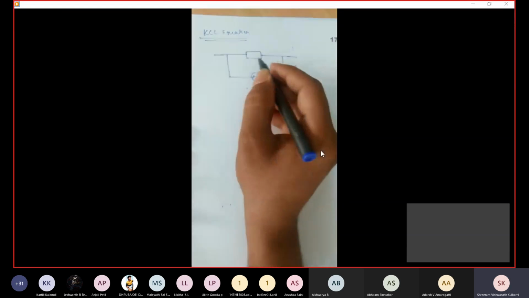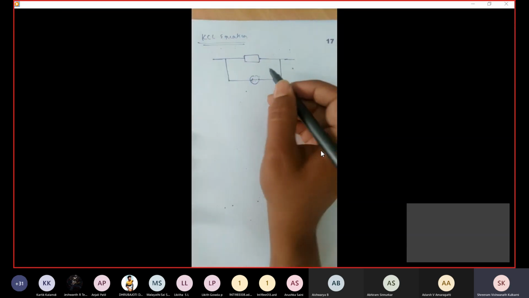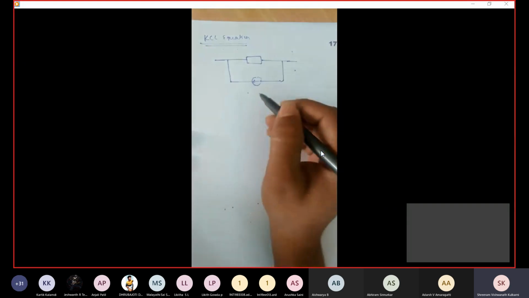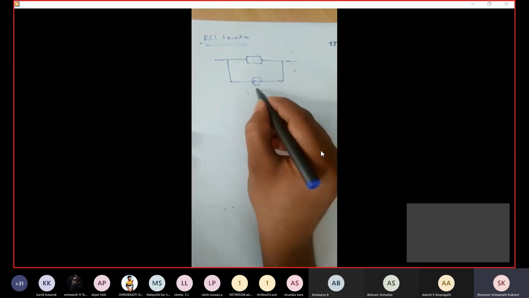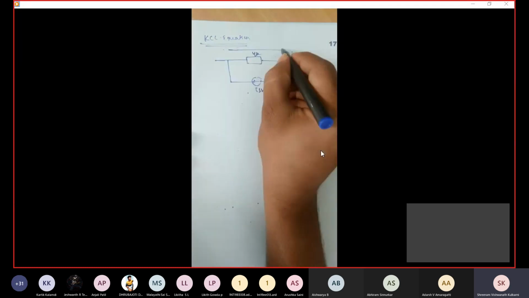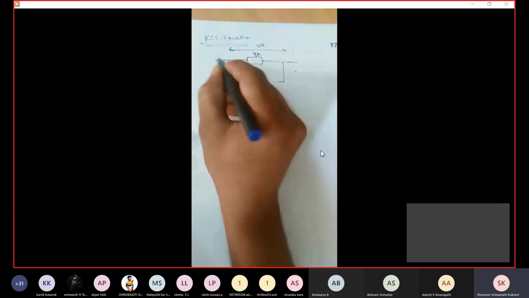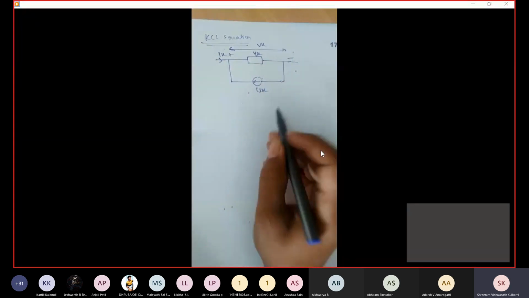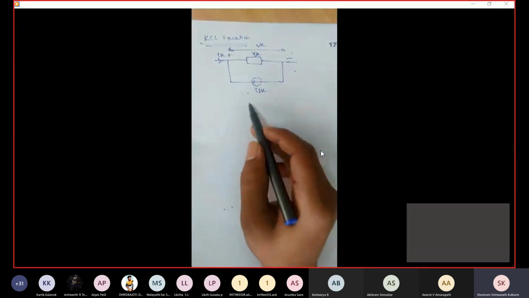The impedance in series with voltage source. For KCL, the admittance in parallel with current source. This is ISK, this is YK, the total VK, IK. This is a circuit diagram.